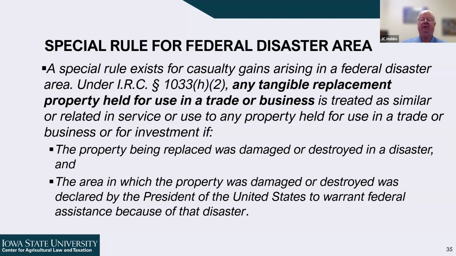Now there's some special rules that apply for federal disaster areas. If it's tangible property, that being non-real estate, non-farmland, non-buildings, replacement property held for use in trade or business is treated as similar or related in service to property that was held for use in trade or business or in reinvestment if, and that's a big if, the property being replaced was damaged or destroyed in a disaster and the area that it occurred in was declared by the President of the U.S. to warrant federal disaster assistance because of that specific disaster.